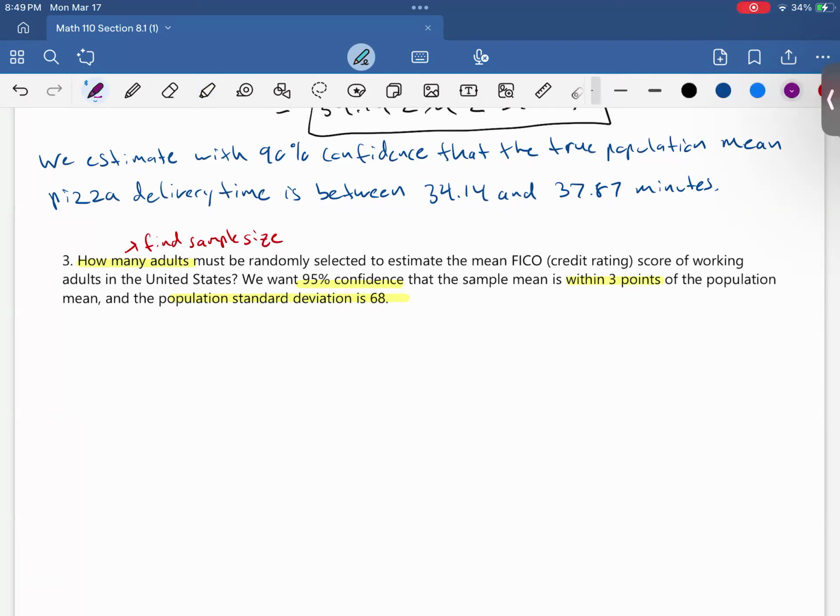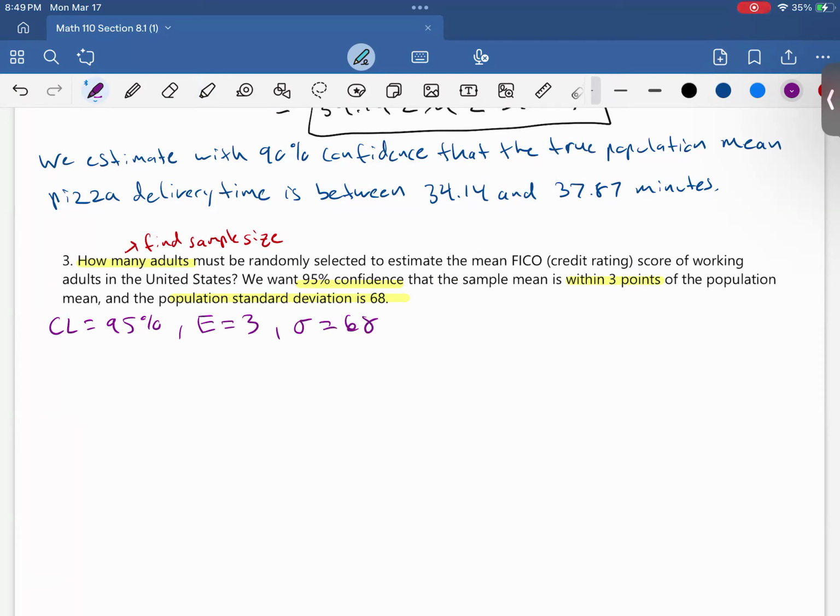So we have a couple key components here. So confidence level is 95%. Sample mean is within 3 points. So that means error is 3, and the population standard deviation is 68.